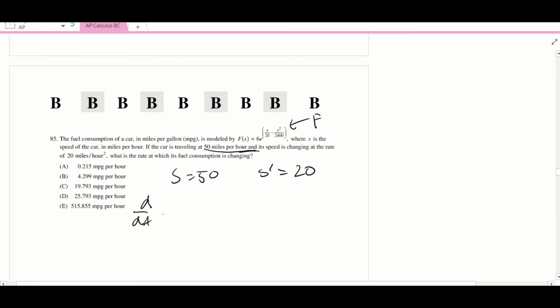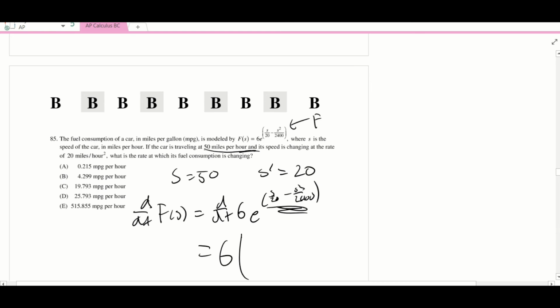So the derivative d over dt of f of s is equal to the derivative of this, 2400, which is equal to 6 times this part up here, which is the derivative of s over 20, which is just s prime over 20, because s is a function of t, minus the derivative of s squared, which is 2 times s times the derivative of s, because s is a function of t again, so by the chain rule, that's how it is.